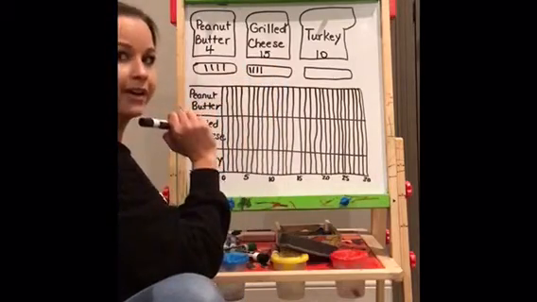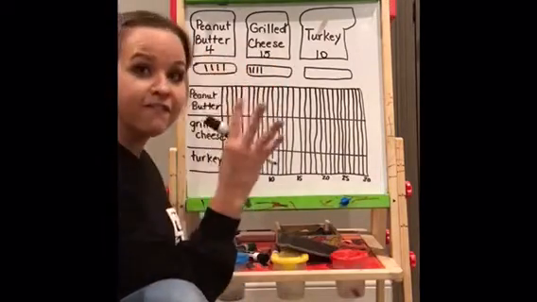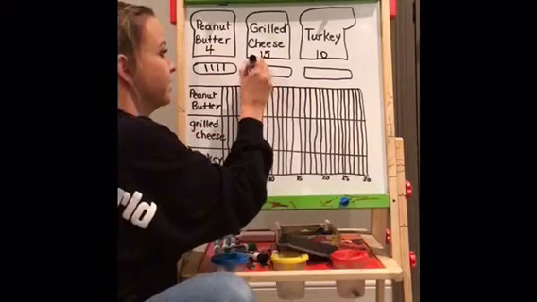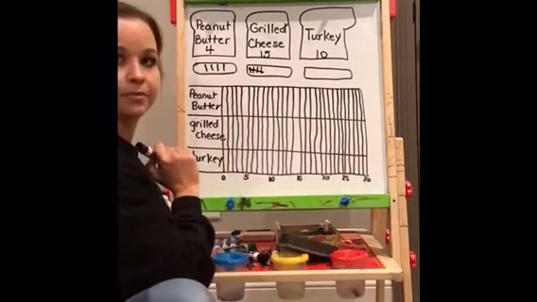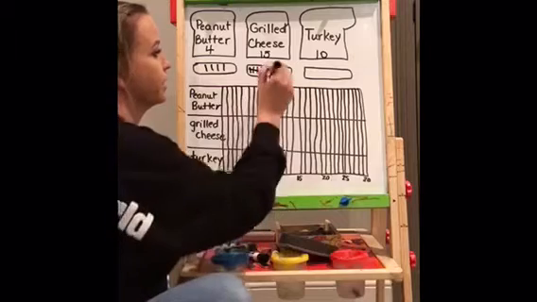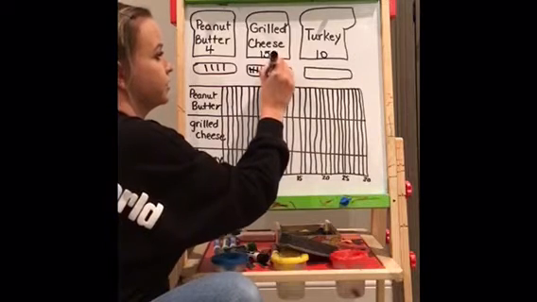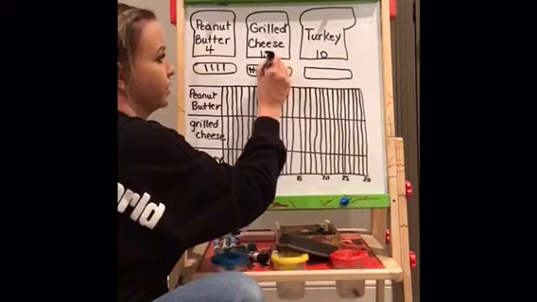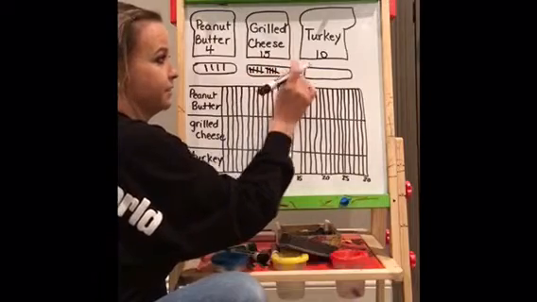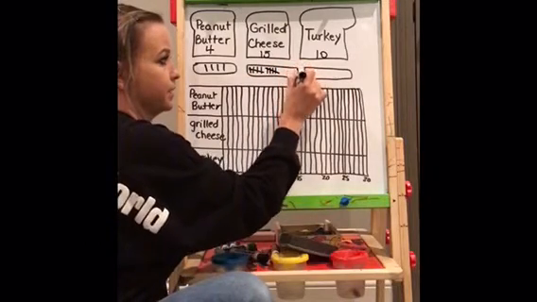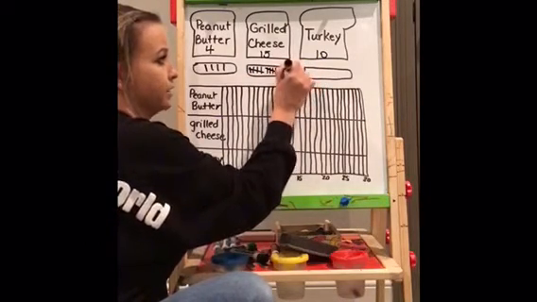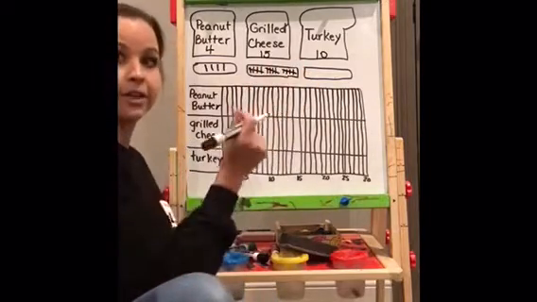What do I do here? That's right. For every 5th tally mark, you put a slash through. Then I start a new group. 1, 2, 3, 4, slash. So now I have 10. Might need to make this box a little bit bigger. 1, 2, 3, 4, slash. So I have 3 groups of 5.